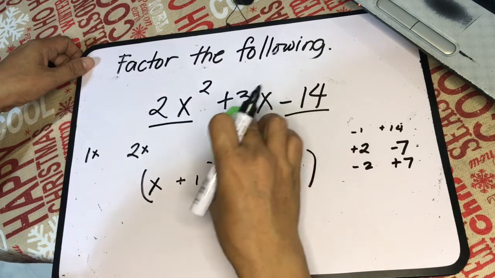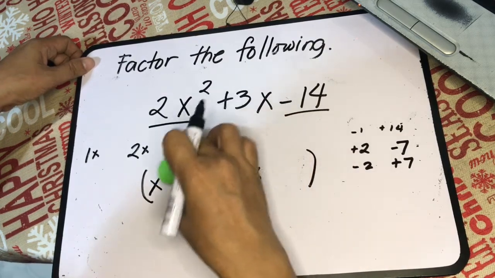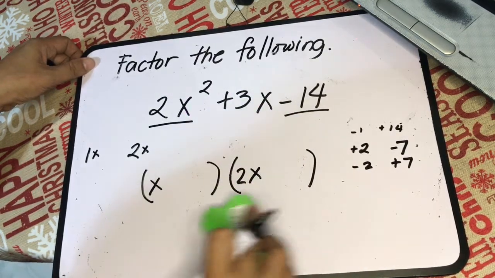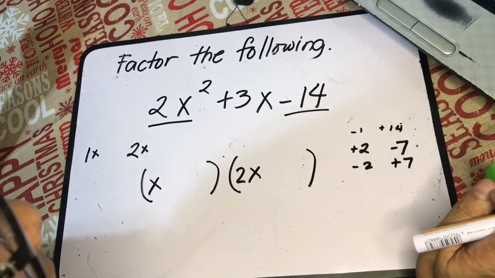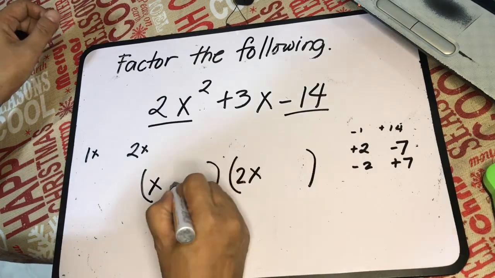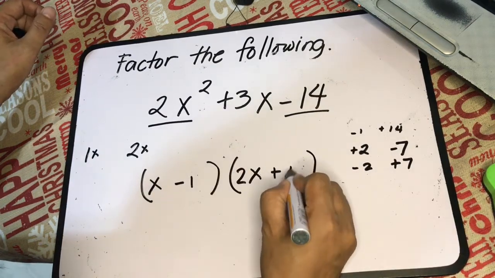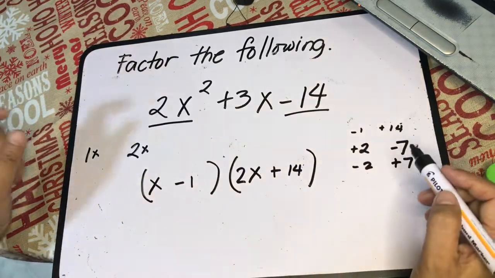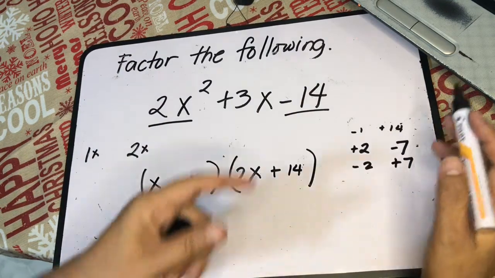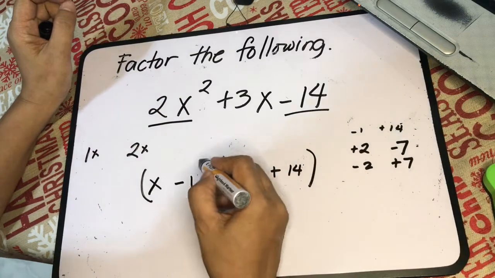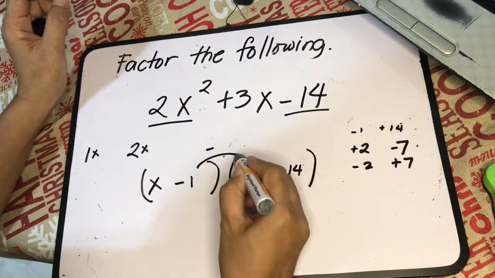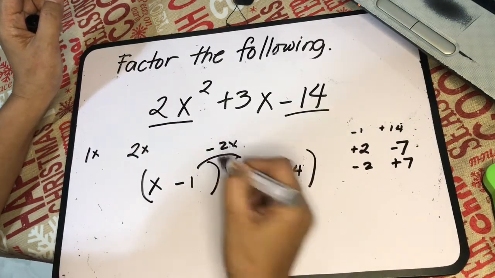Okay, so I'm going to erase. Next, what about the other one? You have negative 1 and positive 14. I just want to show you the factors that we can put. It's a trial and error. Again, if you are going to multiply this, it is negative 2x.